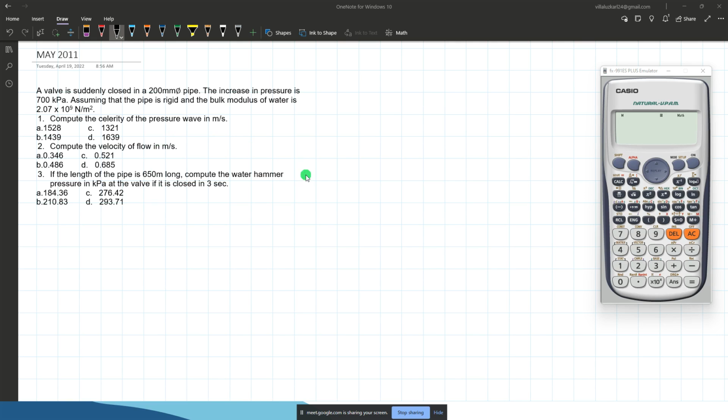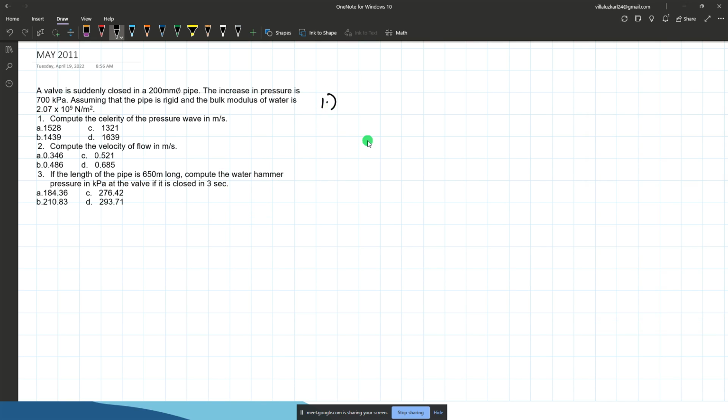Assuming the pipe is rigid and the bulk modulus of water is 2.07 times 10 raised to 9 Newton per square meter, compute the celerity, compute the velocity, and if the length of the pipe is 650 meters long, compute the water hammer if the valve is closed in 3 seconds.